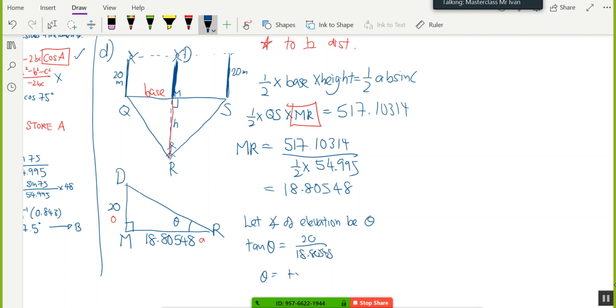Theta equals inverse tangent of 20 over 18.80548. So theta equals 46.8 degrees.